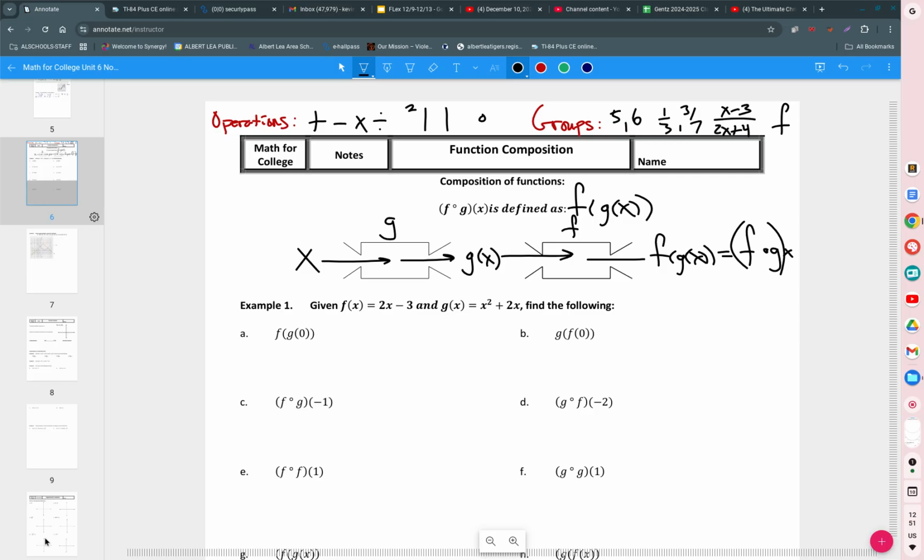It doesn't mean multiplication. It's not parentheses. It means that you're taking g of x and plugging it back in for f. So you can see this is a domain value, and it spits out a range value. That in turn then becomes a domain value, and then spits out a range value. That's exactly what it's like.